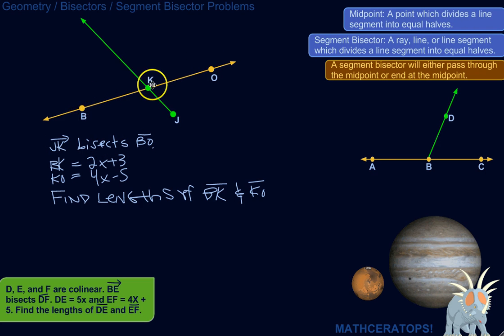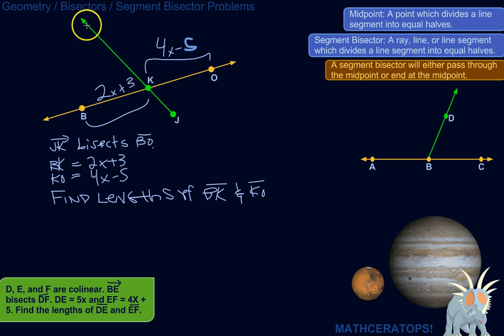So if BK and KO have the same length, then we can set their measurements equal to each other. BK is 2x plus 3, from here to here, and KO is 4x minus 5.